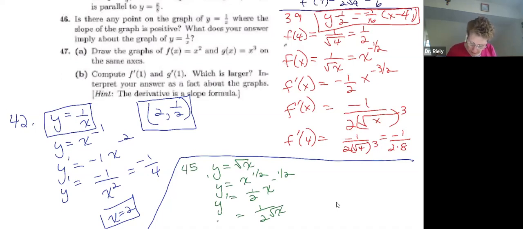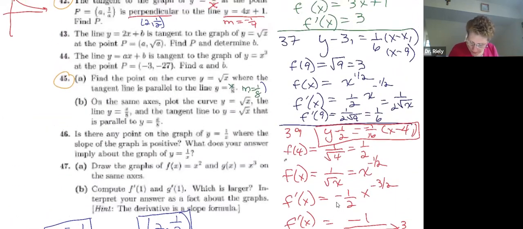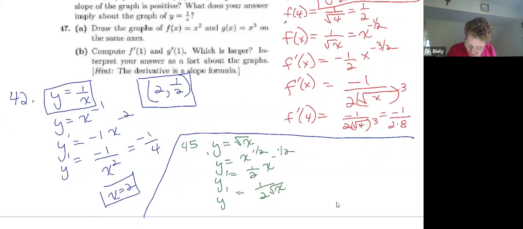If this is my slope, my generic slope, and that has to equal, so let me just scoot up, it has to equal 1/8. How is that going to happen? That would mean that this term would have to be 4, right? So what, the square root of what is 4?